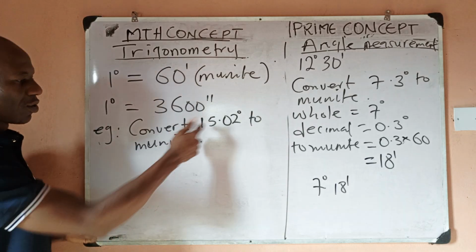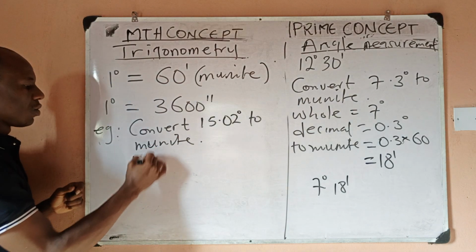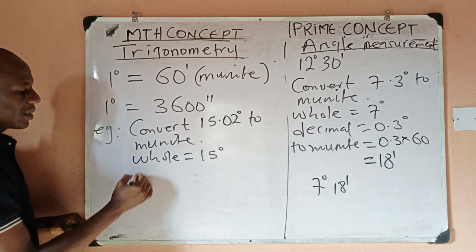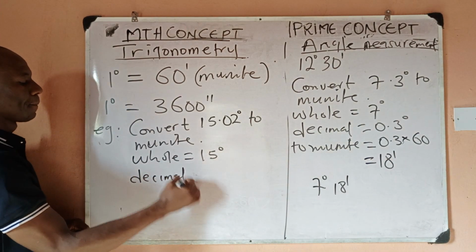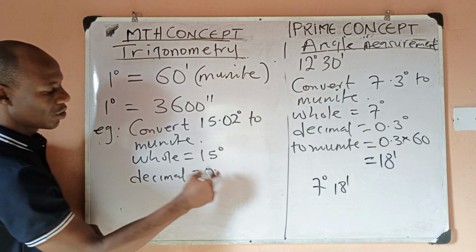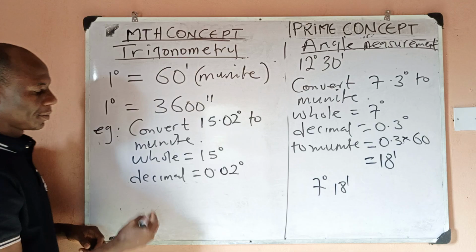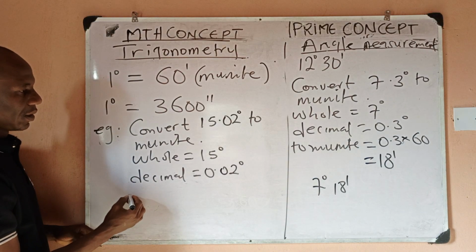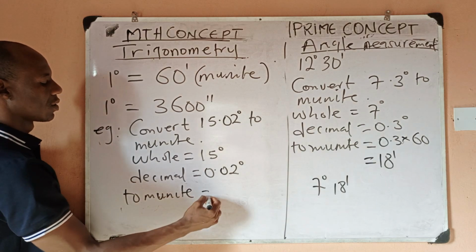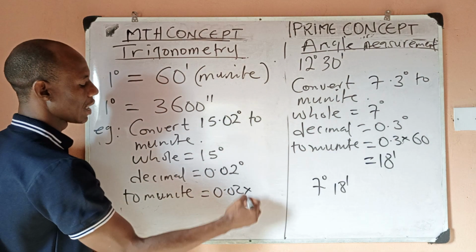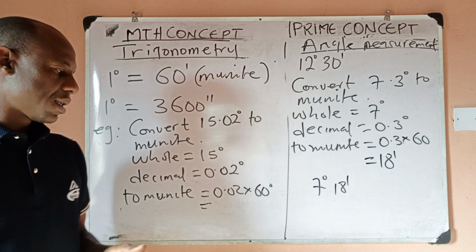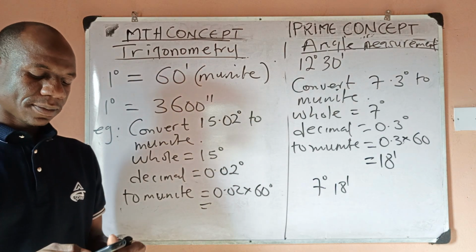What you still have as the whole part is going to be 15 degree. The decimal is 0.02 degree. Then the conversion to minutes is going to be 0.02 times 60.